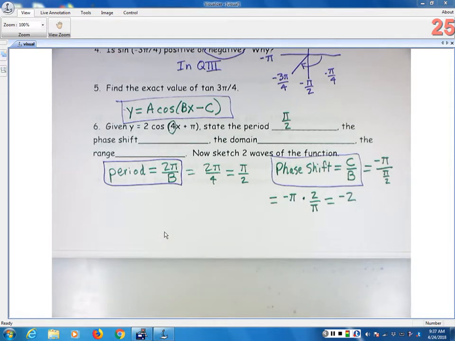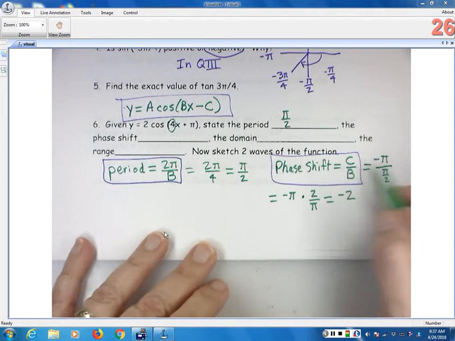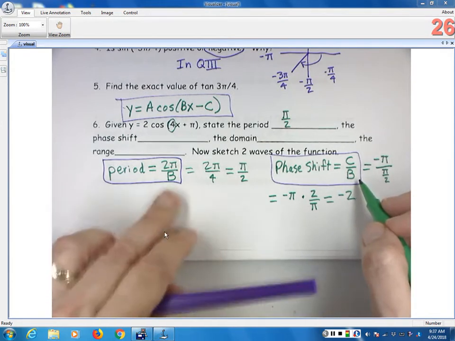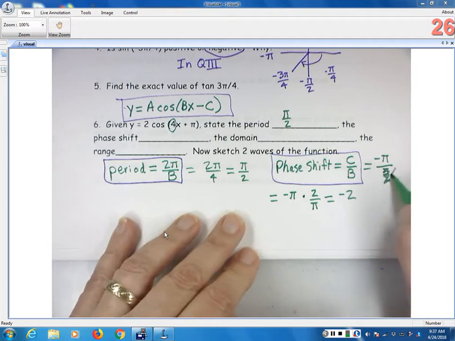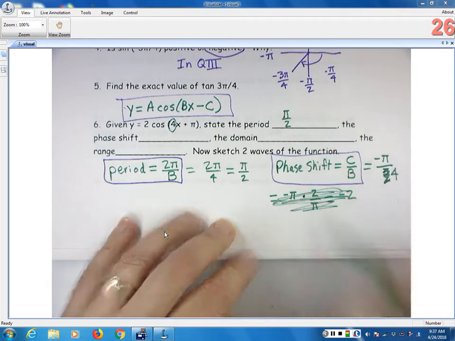Wouldn't it be negative pi over 4? Yeah, it should be. Why did I do that? I have my phase shift as C over B. You got your C right, it's the B. B is just 4, right? I was putting the period in there, sorry. Still, the notes are right.